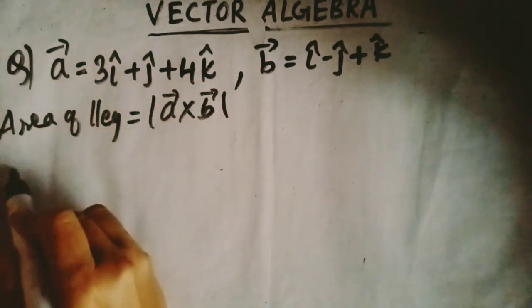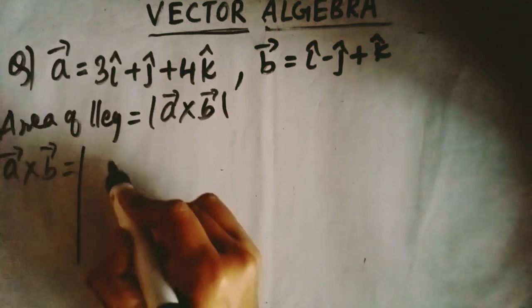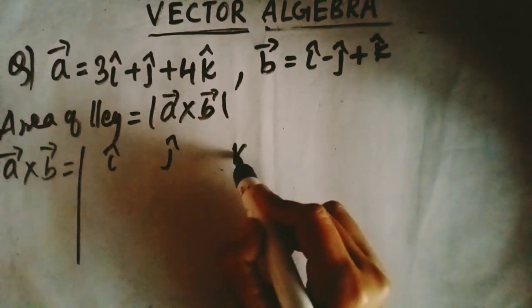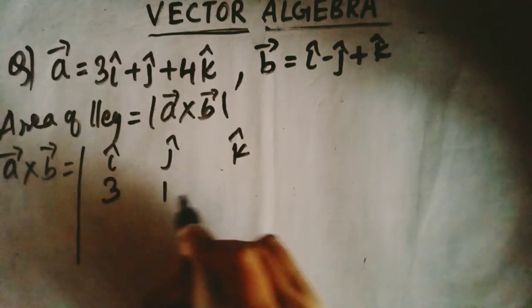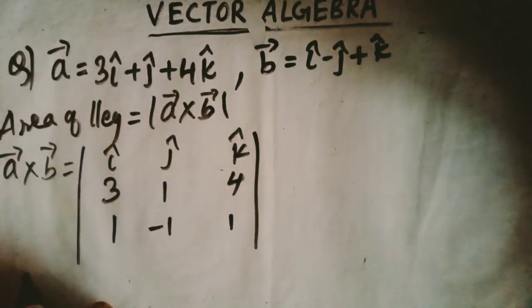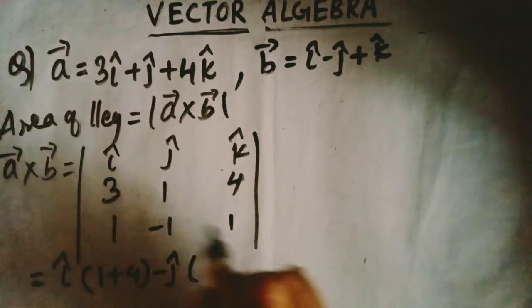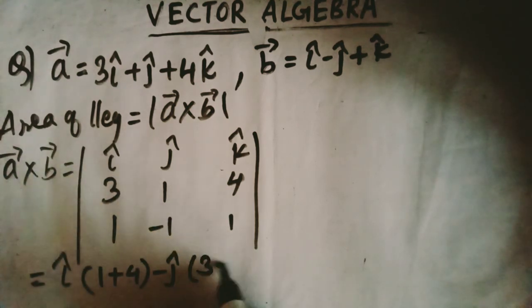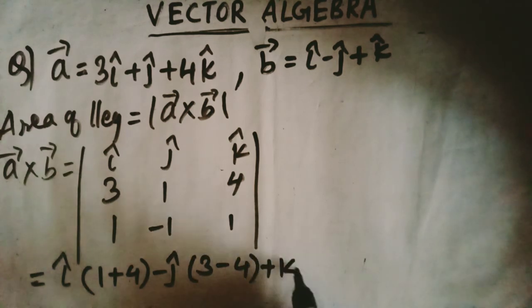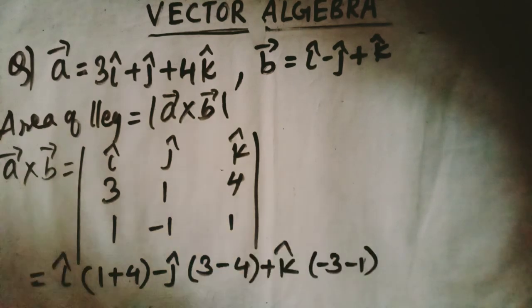So find out A cross B first. 3, 1, 4, 1, minus 1, 1, so we will get i (1 plus 4) minus j (3 minus 4) plus k (minus 3 minus 1).